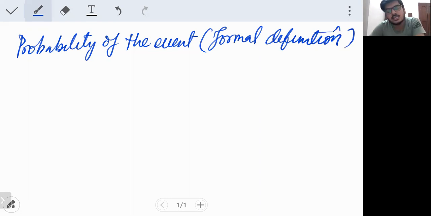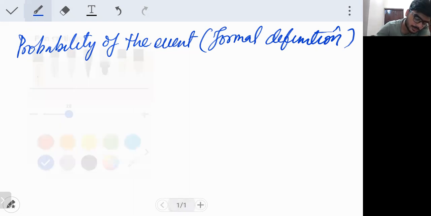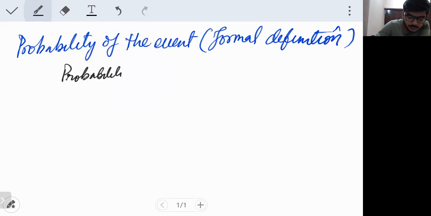So probability is a real valued or a set function that assigns to each event in the sample space a number that is called the probability of an event, right? So we could define probability as the set function, right?